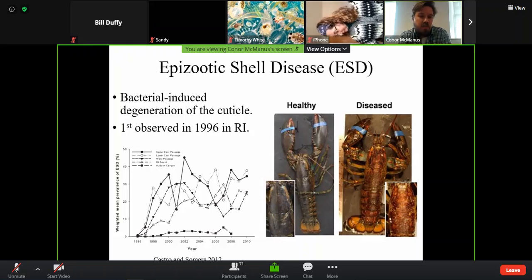At that time, it was so novel to see such a disease pervasive within lobsters that the data collection for this became pervasive across federal and state monitoring programs, whether for fisheries independent or dependent sampling, with some of the trajectories here showing the increase in prevalence from 1996, when it was very low, or before that zero, towards prevalences that could reach as high as 40 to 45% in lobsters, depending on the location and season.